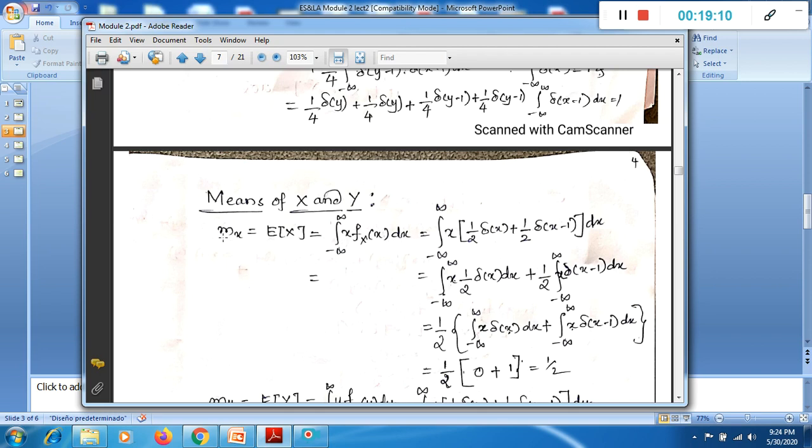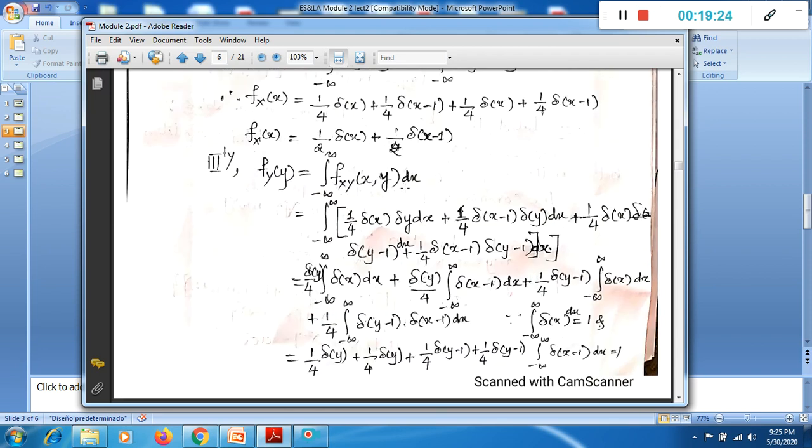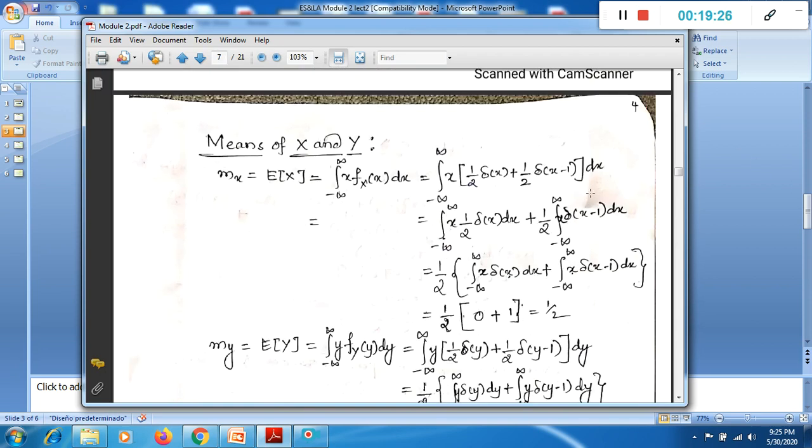So to find m_X, we take the integration from minus infinity to plus infinity of x into f_X(x), which is this one as we have obtained here, into dx. When we solve this integration, we are getting 1/2.